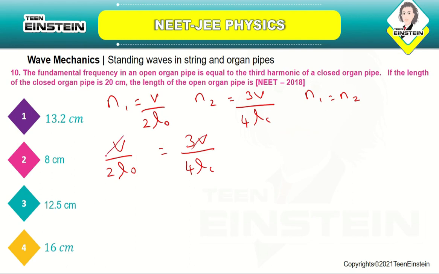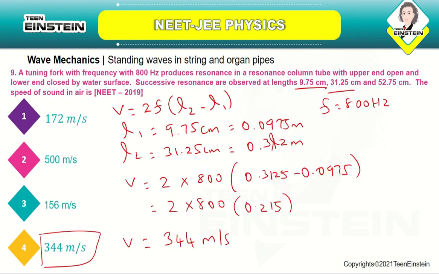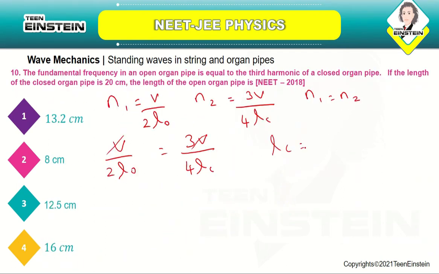V and V will get cancelled. If the length of the closed organ pipe is 20 centimeters, how much will the length of the open organ pipe be? LC they have given as 20 centimeters.